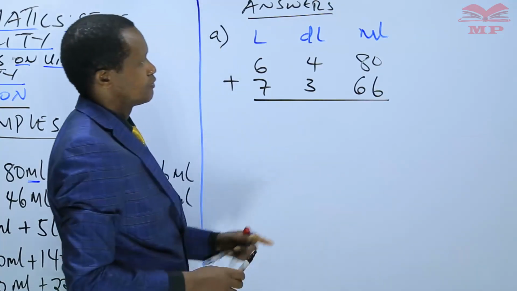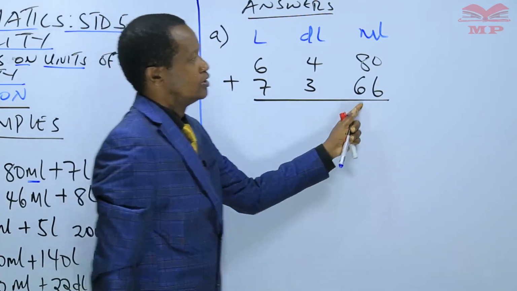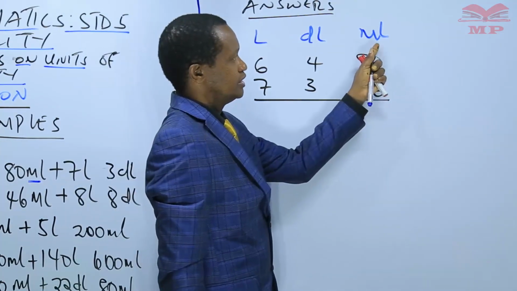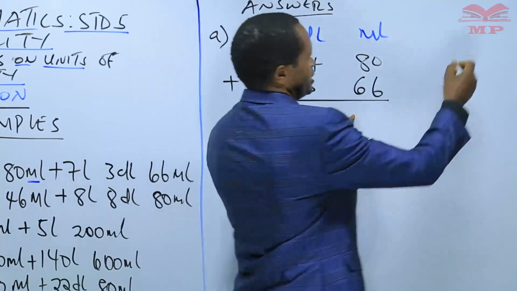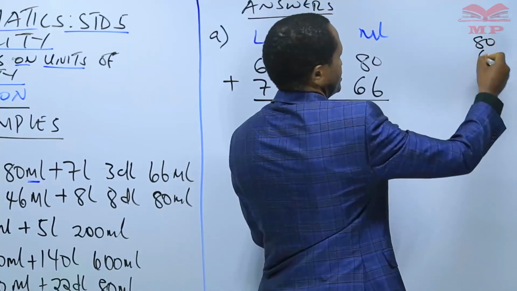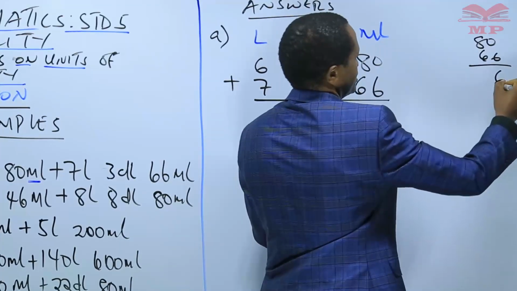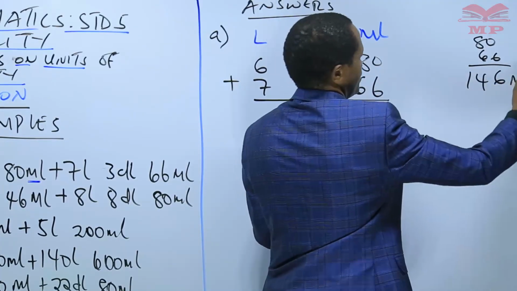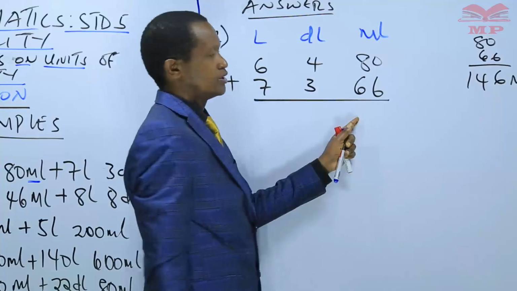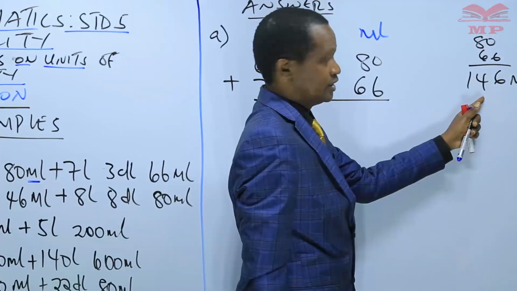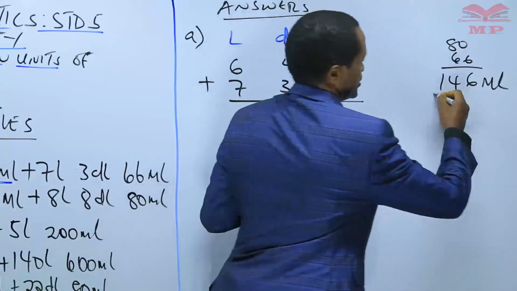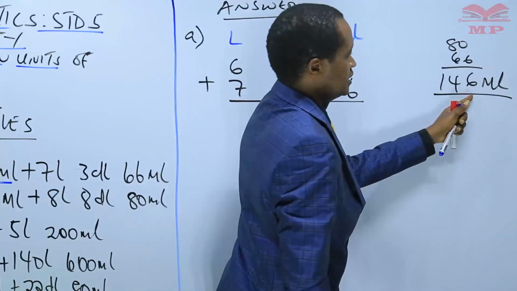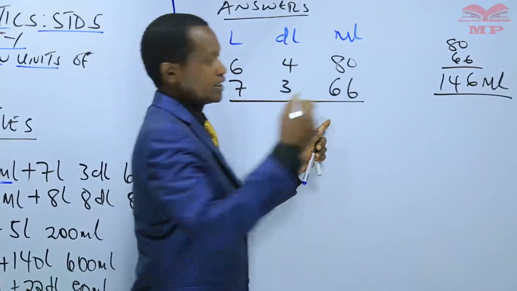Okay, so 80 milliliters plus 66 milliliters is equal to 146 milliliters. You can see 146 is more than 100.